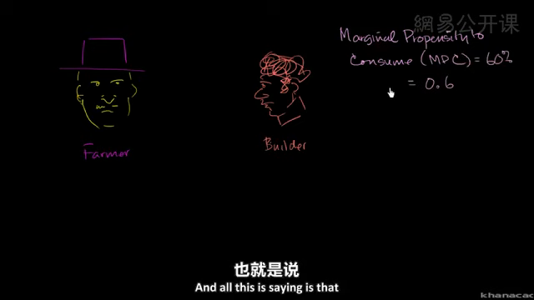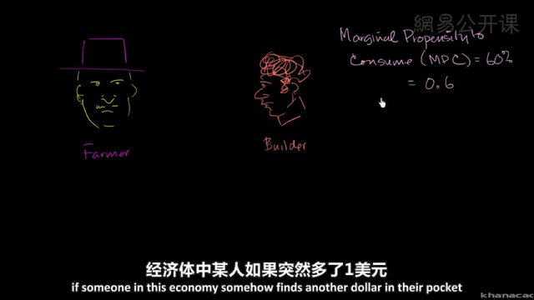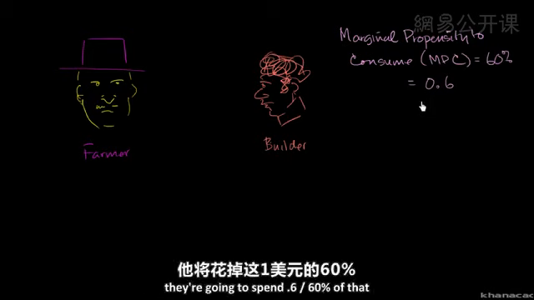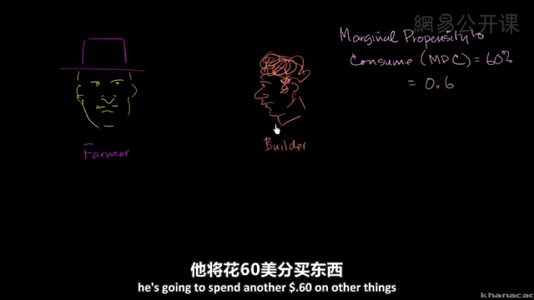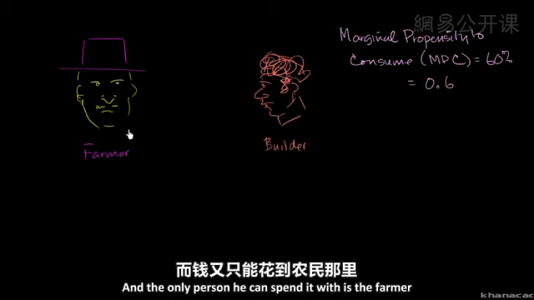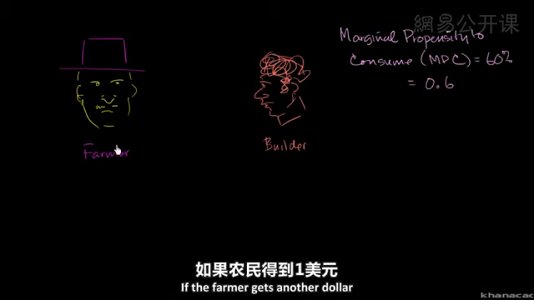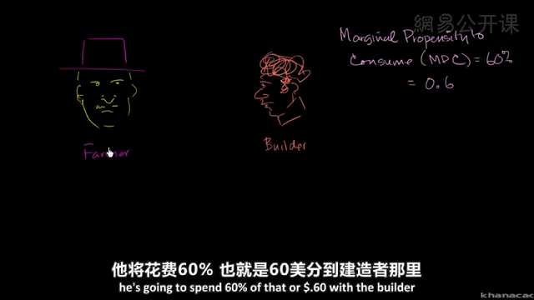All this is saying is that if someone in this economy somehow finds another dollar in their pocket, they're going to spend 0.6 of that, or 60% of that. So if the builder all of a sudden gets an extra dollar, he's going to spend another 60 cents on other things, and the only person to really spend it with is the farmer. If the farmer gets another dollar, he's going to spend 60% of that, or 60 cents, with the builder.